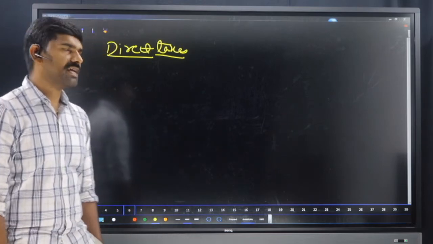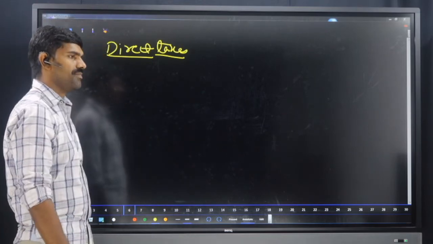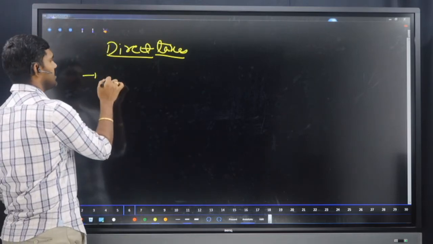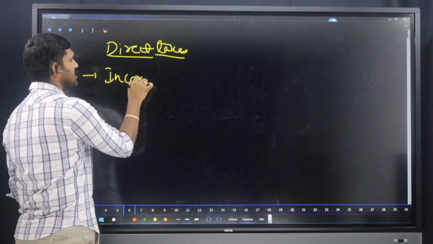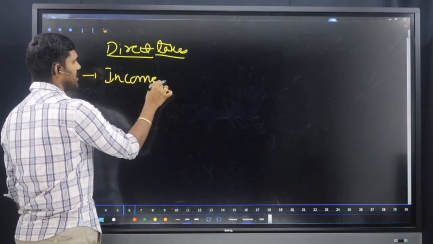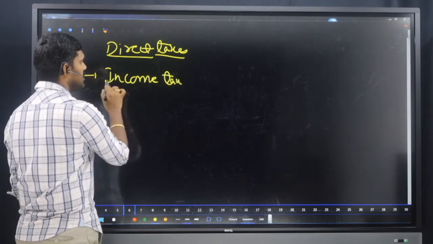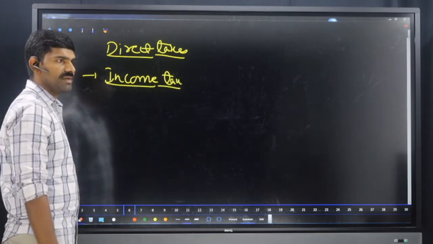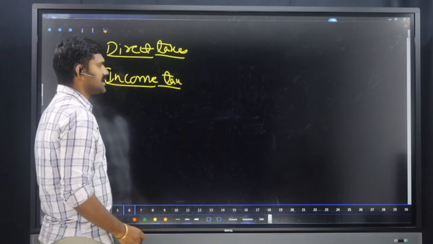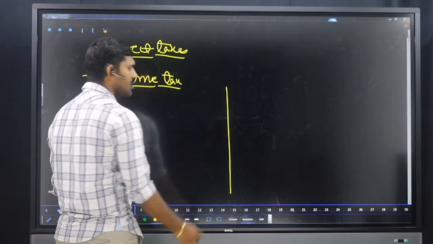Now when I say different types of direct taxes, the first and foremost is income tax. I'll quickly go through the changes in the income tax, and I'll not take much time because you're all done with the basics. In income tax, we have an old system and a new system.